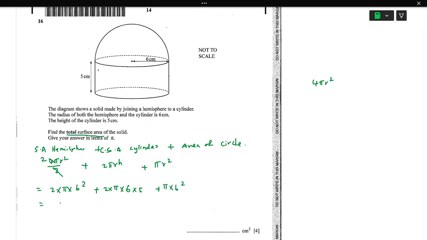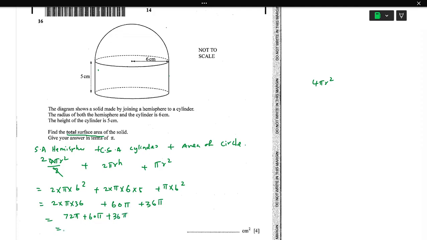So here, 2 into pi into 36, plus here 6 times pi, 30, 30 times 2 is 60, 60 pi, plus here is 36 pi. So here is 72 pi plus 60 pi plus 36 pi.